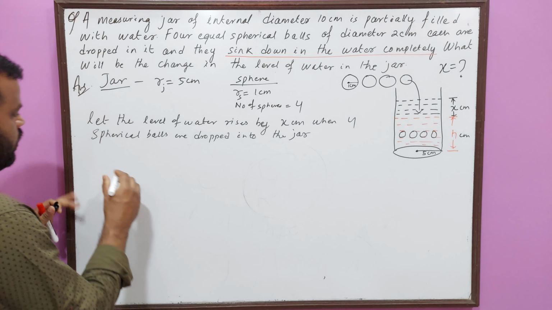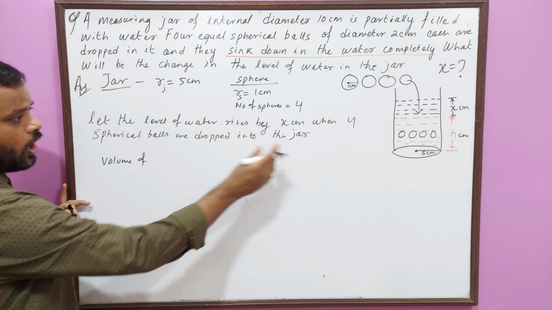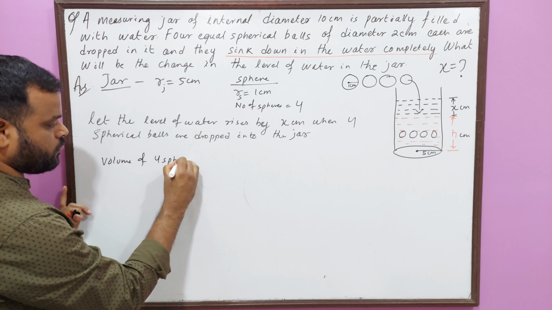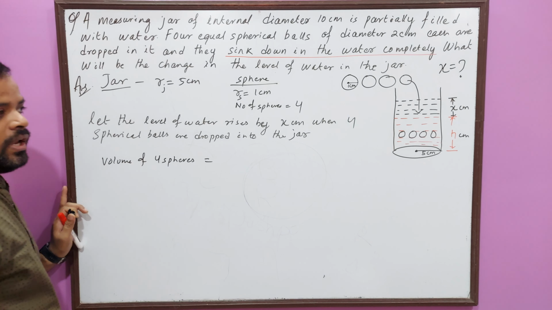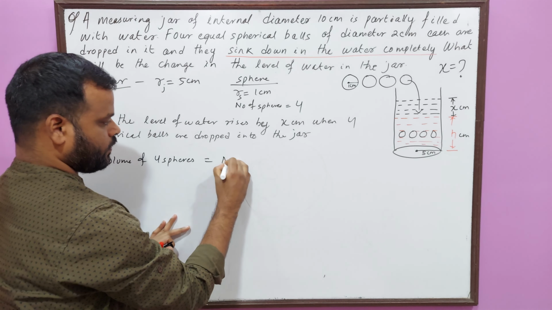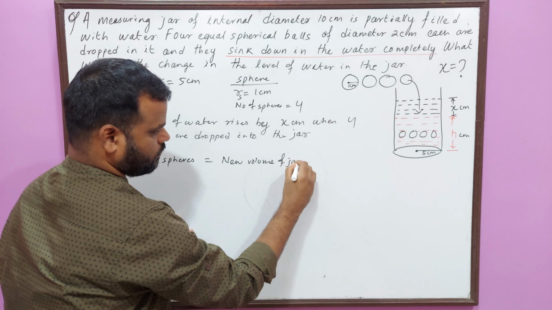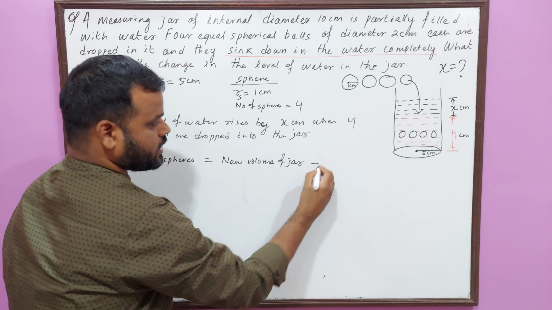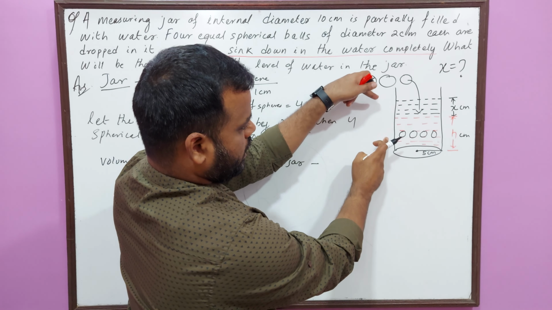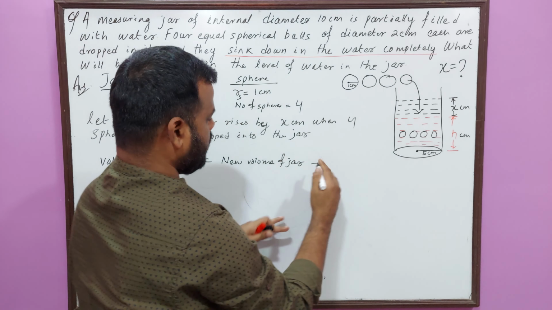So the volume of four spheres will be equal to the new volume of the jar minus the original volume of the jar. New volume means red plus black, original volume means only red.